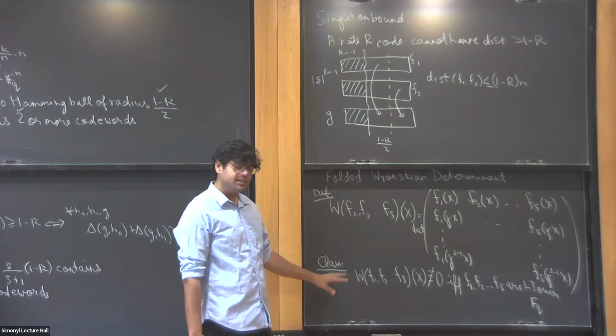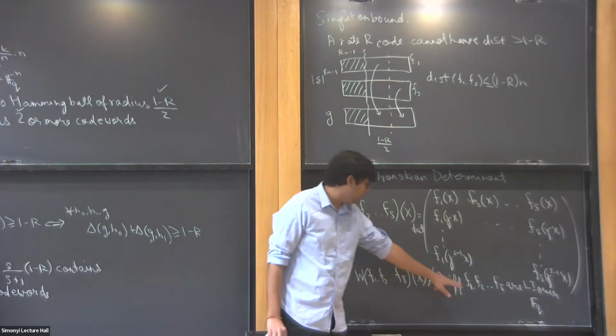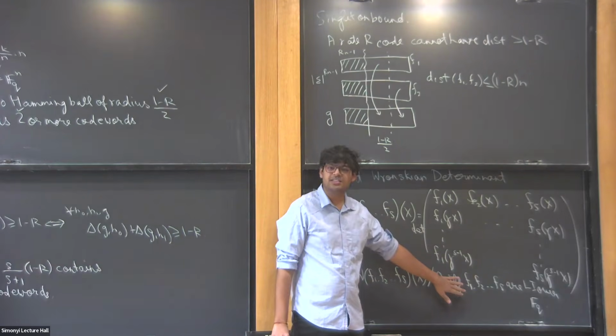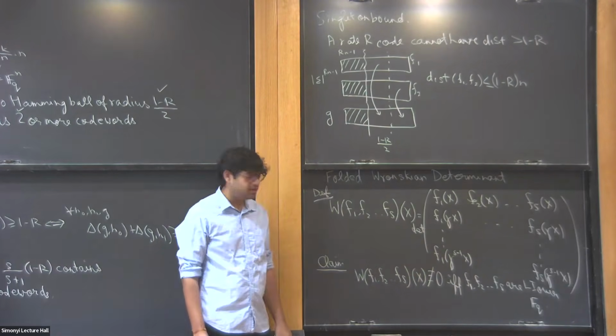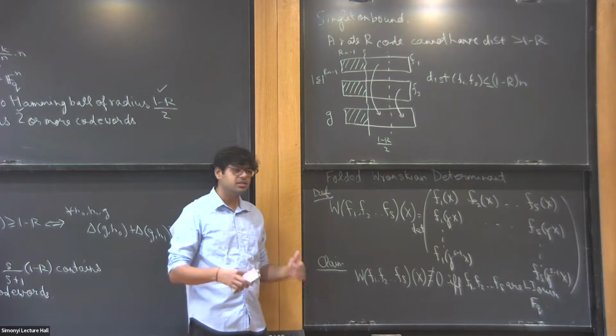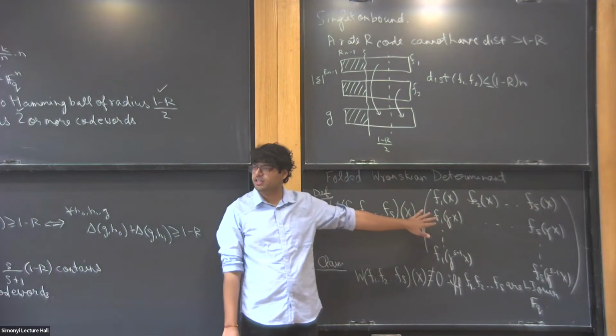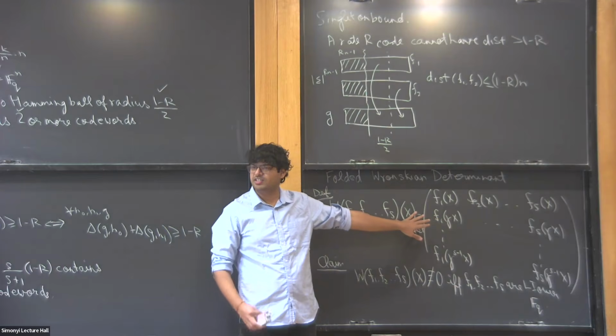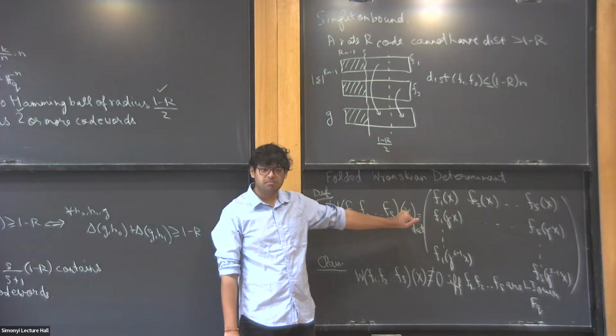Okay, but the other side is also not bad. So because now we assume that, let's say, f1 through fq are linearly independent, then you can subtract one from the other so that these fi's all have distinct degrees, distinct leading monomials.